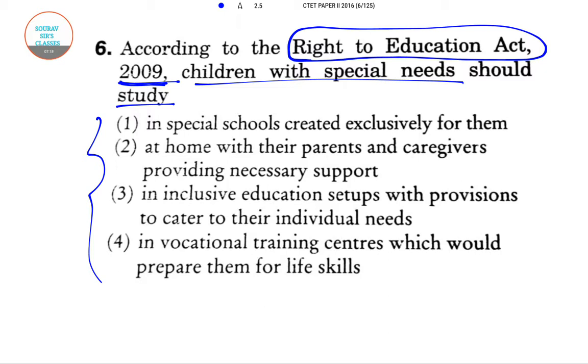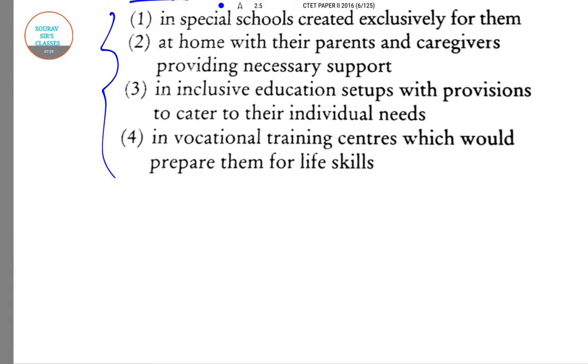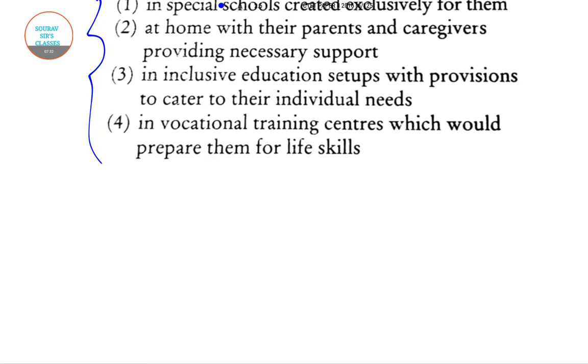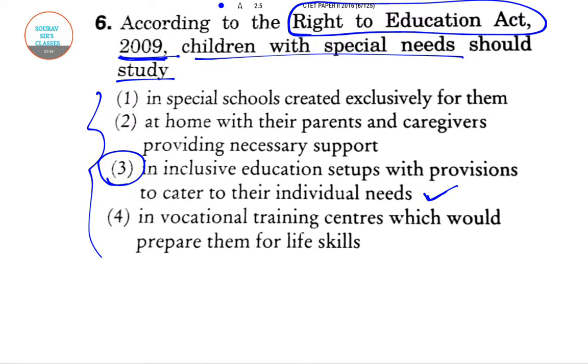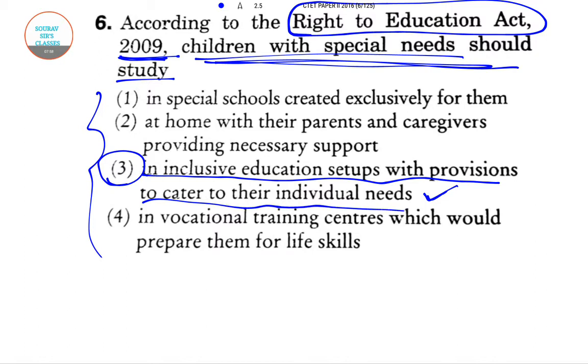Option 3 is in inclusive education setups with provisions to cater to their individual needs. And the last one is in vocational training centers which would prepare them for life skills. Option 3 is the correct answer. So according to the Right to Education Act 2009, children with special needs should study in inclusive education setups with provisions to cater to their individual needs.